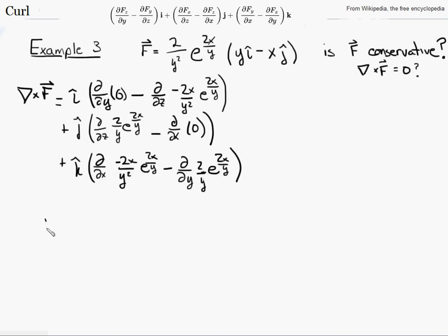So just the k hat component, since this is equal to 0, this is equal to 0, I just need to worry about the k hat component. It's the partial with respect to x of this function, so using the product rule, first I take the partial of this one and write that. So I have negative 2 over y squared e to the 2x over y. Then I have the product rule portion of it.